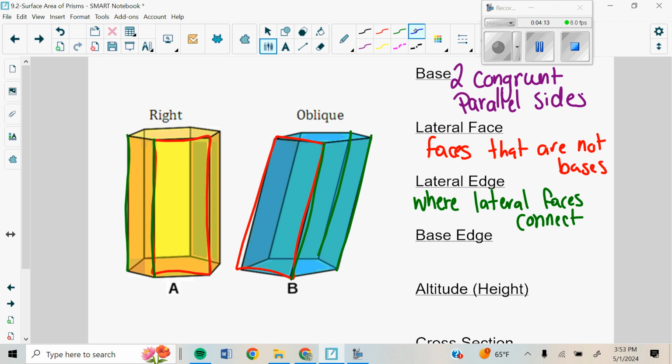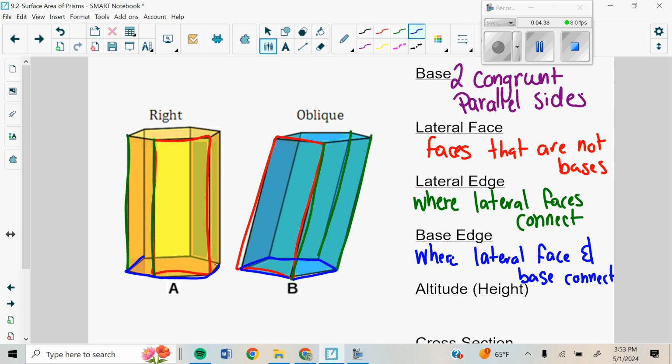Then we have base edges. This is where the lateral face and the base connect. So where lateral face and base connect. So these are going to be all around the edges of our base. Okay, that is where our lateral face connects with our bases.